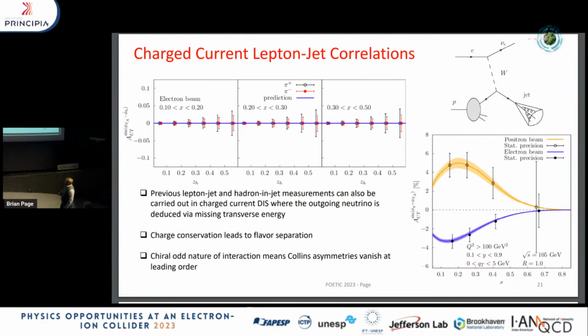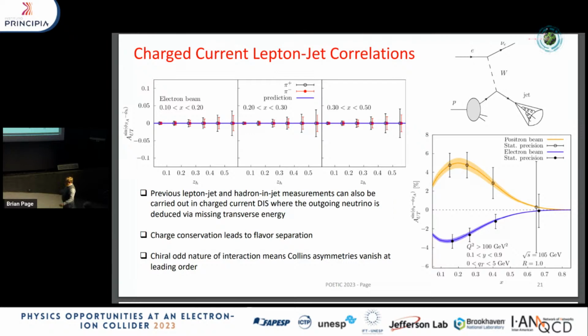So those two measurements we can also do in charged current. What I showed was for neutral current. We can do the same thing in charged current, where instead of looking at the jet with respect to the outgoing electron, you look at the outgoing neutrino, which you reconstruct from missing energy. So of course, this places quite stringent constraints on the hermeticity of your detector.